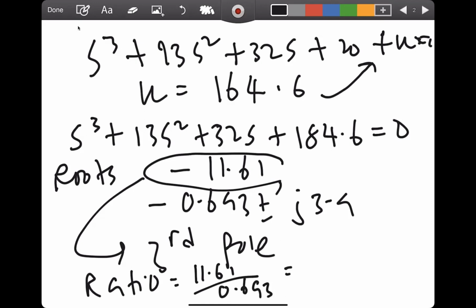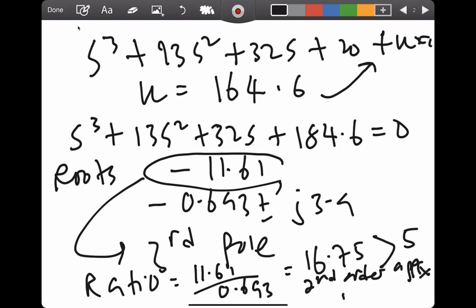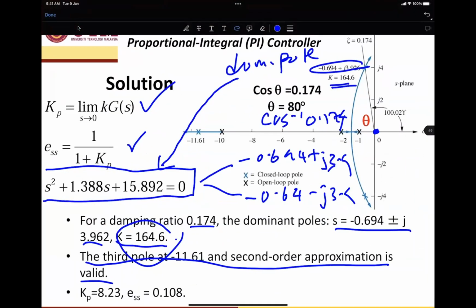How much, Sanzira? 16.75, which is greater than 5. So the second order approximation is valid. Okay, so that's how you get this statement.